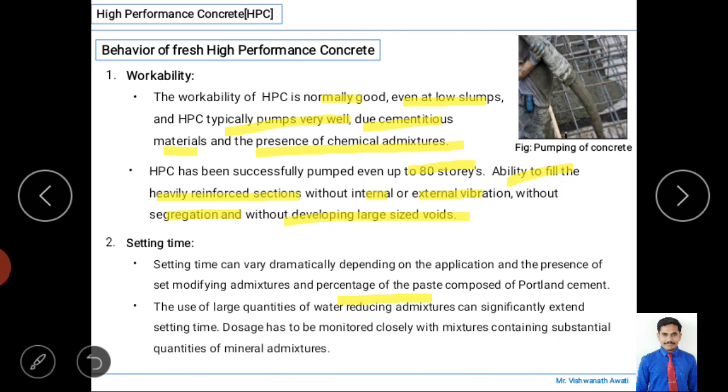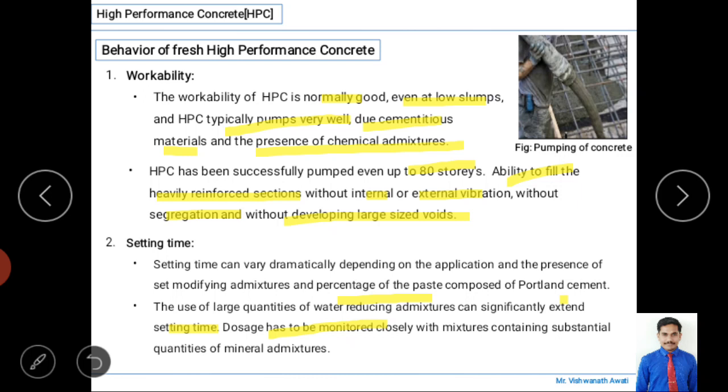Chemical admixtures, in that retarders can significantly extend setting time. Here the dosage has to be monitored closely with mixtures containing a substantial quantity of mineral admixtures. So when you are adding retarders, we have to add them very carefully compared with other additive materials.